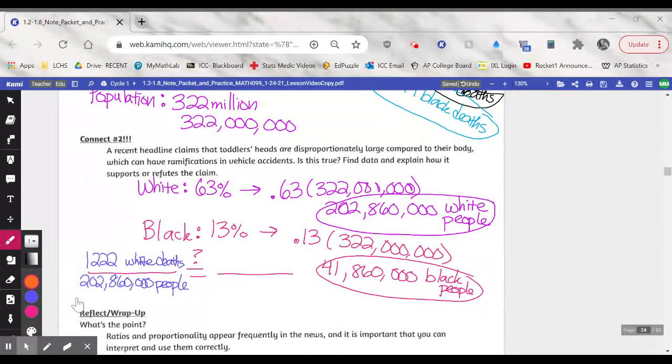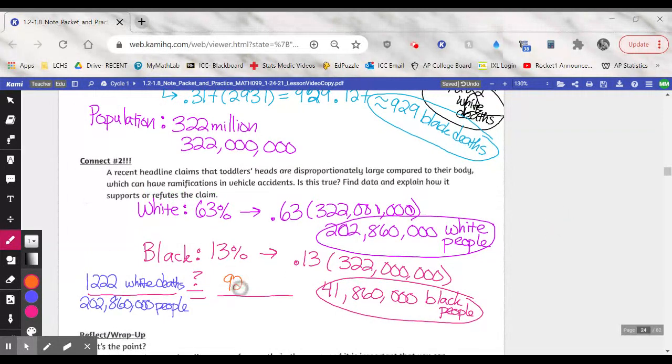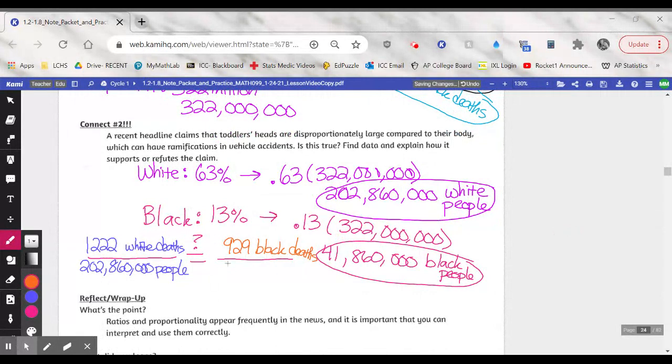So we're going to have 929 Black deaths for 41,860,000 people.